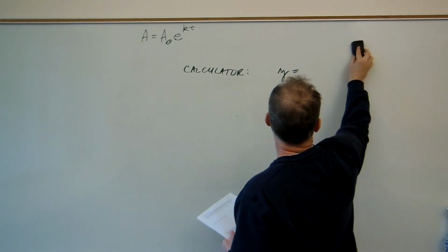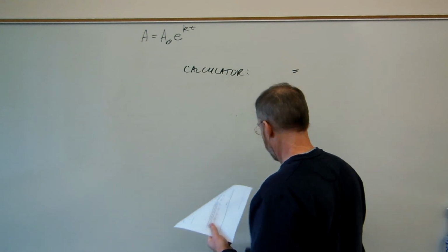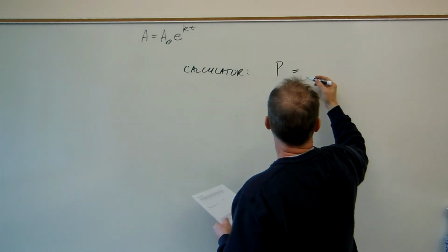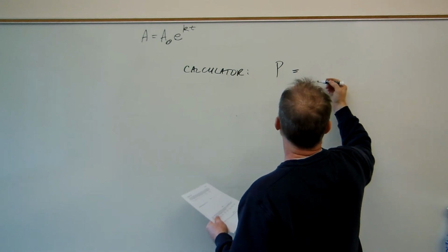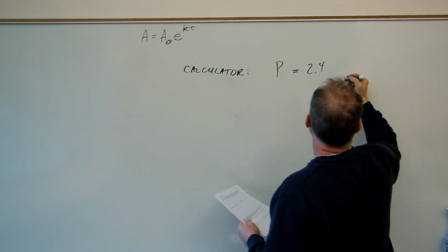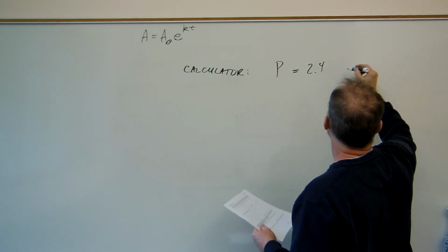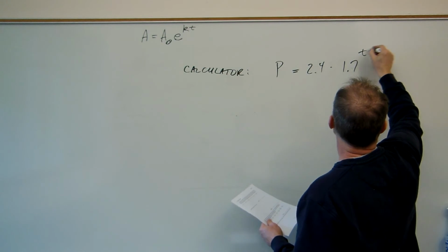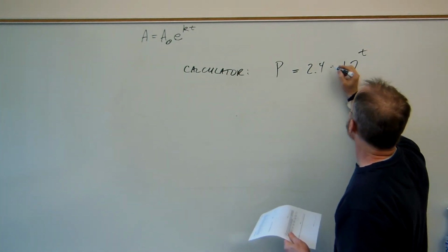So for instance, the calculator might say that the population of kids who have the virus is equal to, it'll give you a starting amount, I'm making this up, 2.4, and then it'll give you a base like 1.7 raised to the t, where t is in days.